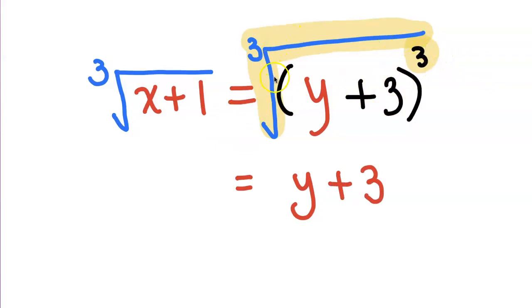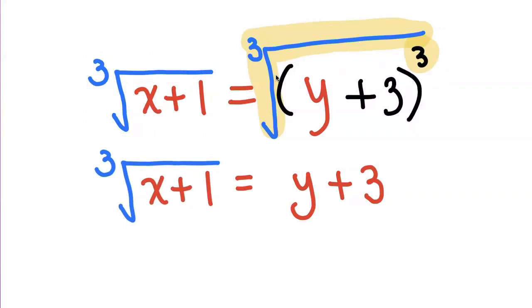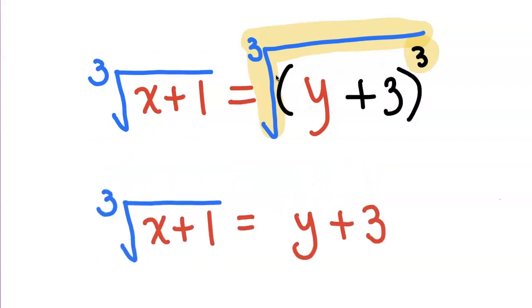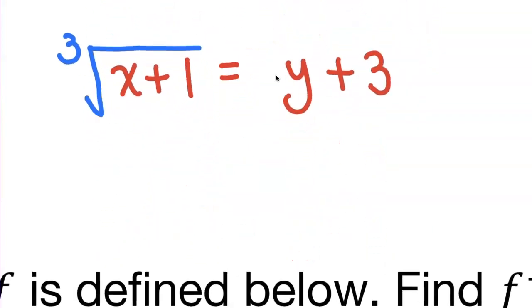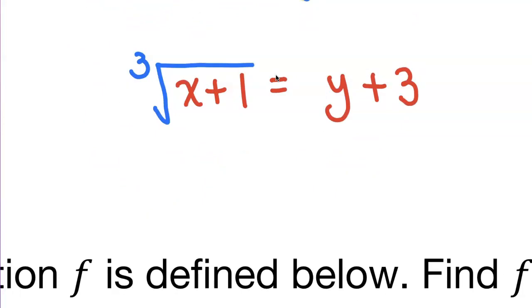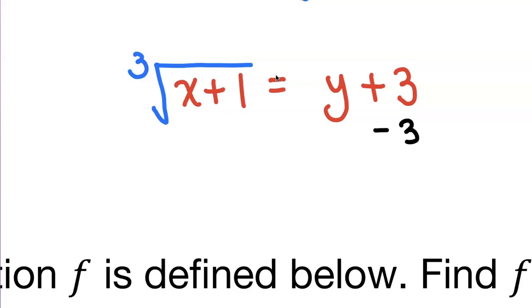They cancel each other out. Now on the left side though, this entire thing will have to come down. Okay, now we're one step away from solving for y. Last thing you will have to do is subtract 3 from both sides. Minus 3, minus 3.